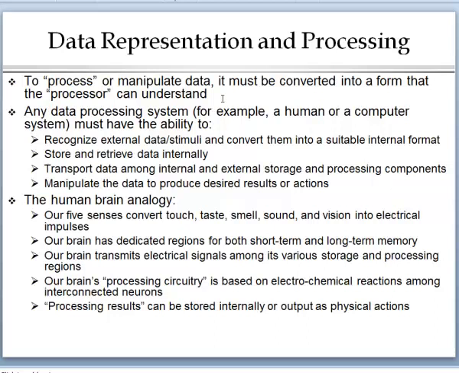Okay, so what are we talking about when we're talking about data representation? Well, first thing to realize is that data representation and data processing go hand in hand. There's really no way to separate the two. The basic issue here is that any sort of processor, be it an Intel CPU or an AMD CPU, or be it a human brain or anything else we can think of, has a certain internal implementation, and the way we represent data has to be compatible with that internal representation.